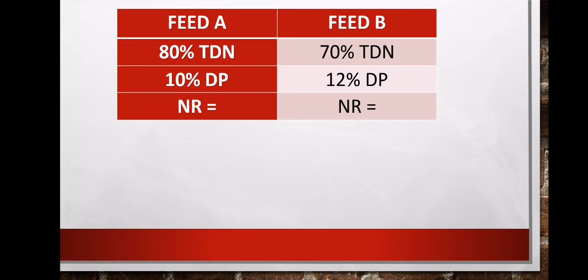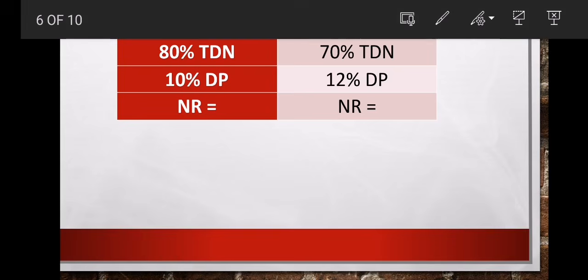For feed B, we are given a TDN of 70% and a DP of 12%. We are requested to calculate the NR, as you see there is no NR there. Let's start with feed A.